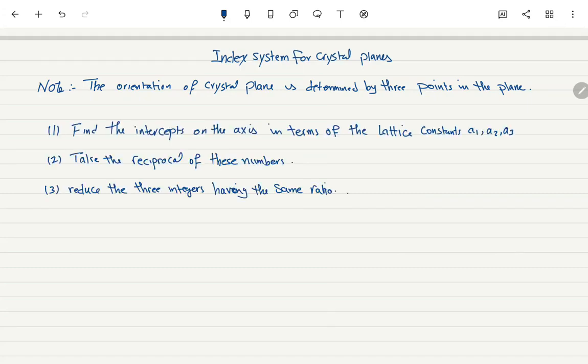Now, for example, if we have a plane which intercepts the axes at 2, 3, 2. Take the reciprocal of these 3 numbers and it will be 1 over 2, 1 over 3, 1 over 2.